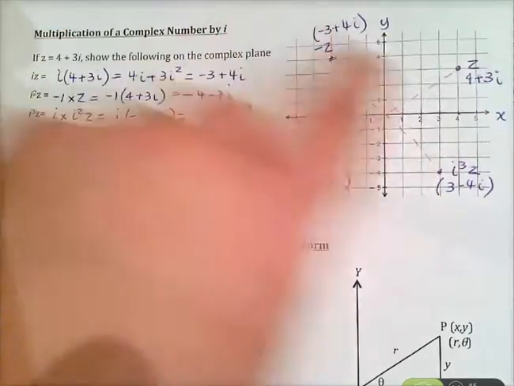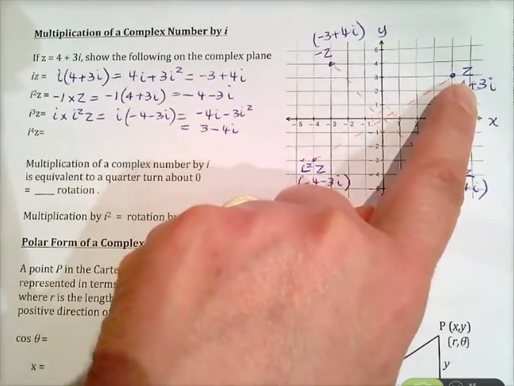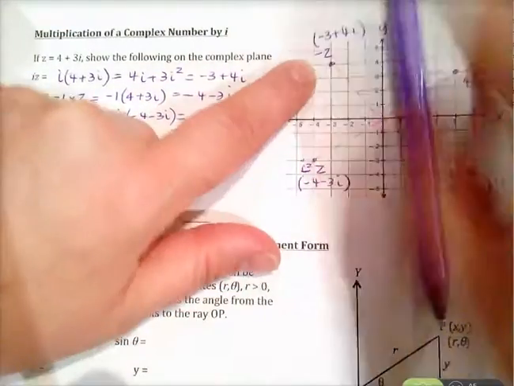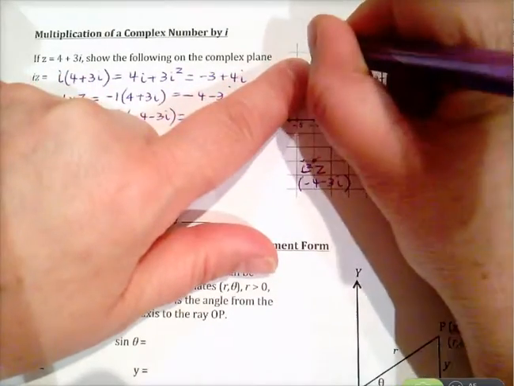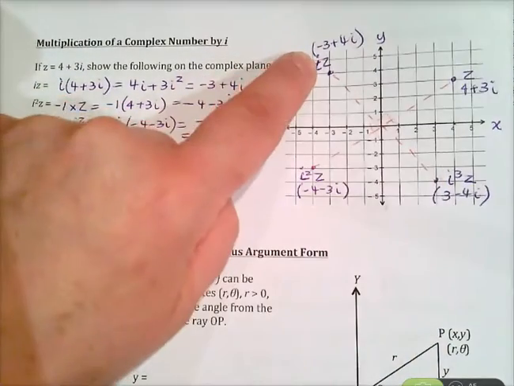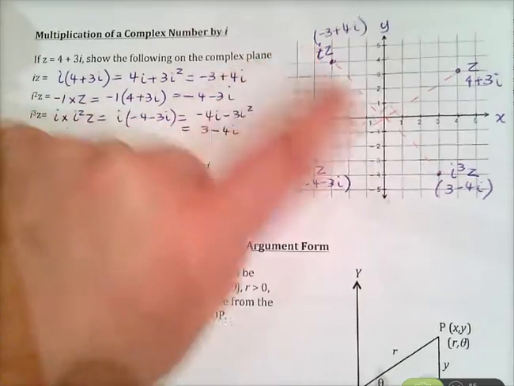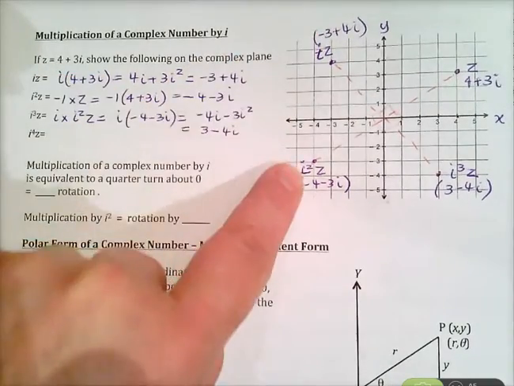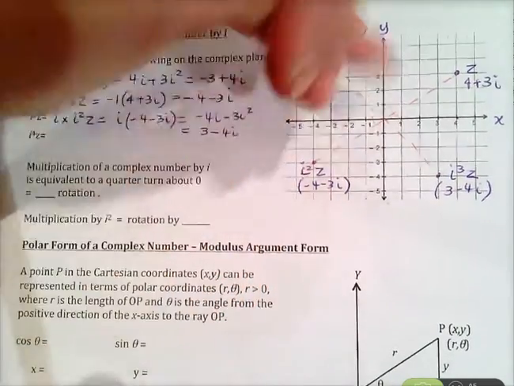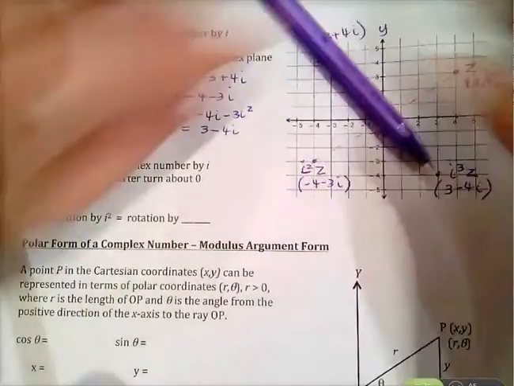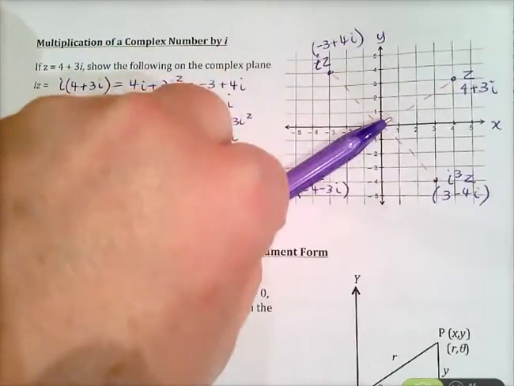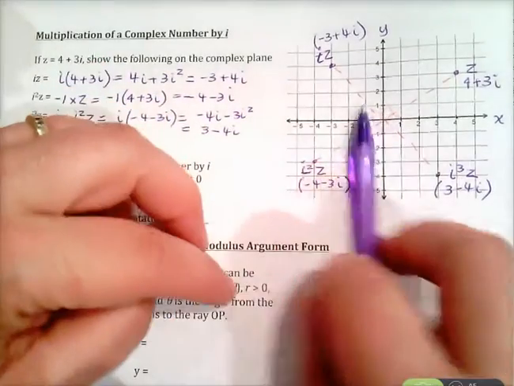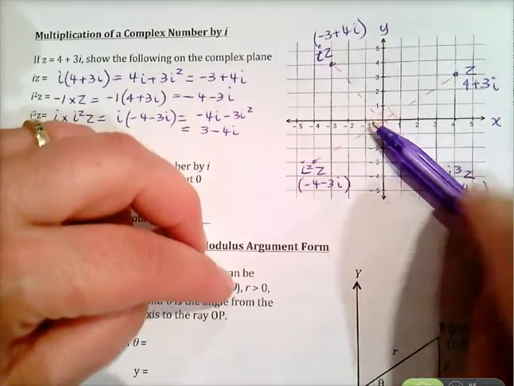So we can see that going from Z, sorry, I don't know why I wrote negative Z, that's a mistake. That's iZ. So from Z to iZ, that's a quarter turn, about 90 degrees. And from iZ to i squared Z, that's another quarter turn, about 90 degrees. And then from i squared Z to i cubed Z, another quarter turn, 90 degrees.